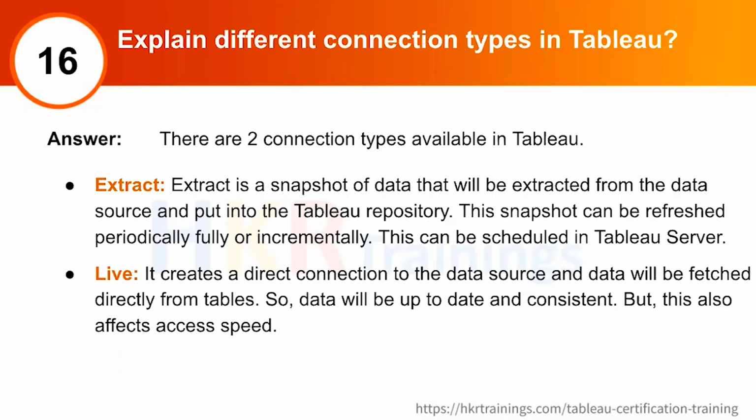So if your dashboard needs to be refreshed frequently, suppose it's a GPS kind of thing, you need to track it every 2 minutes, just go for the live connection. But if your data source needs to be refreshed every 15 minutes, every hour, every day, bi-weekly, anything above 15 minutes, always use extract. It is a best practice because it stores the snapshot of the data in the Tableau repository and it works accordingly.